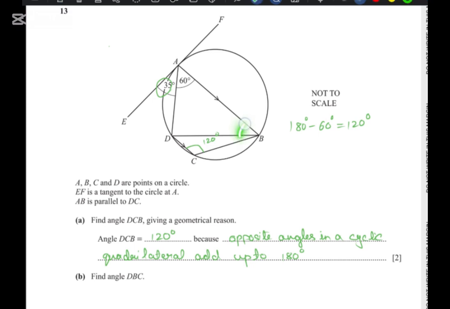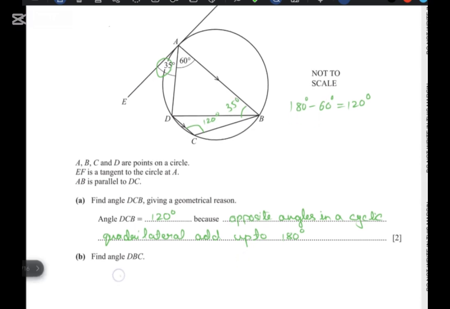So this angle will be 35 degrees. Angle DBA is 35 degrees. Write down angle DBA is equal to 35 degrees, alternate segment angles are equal.